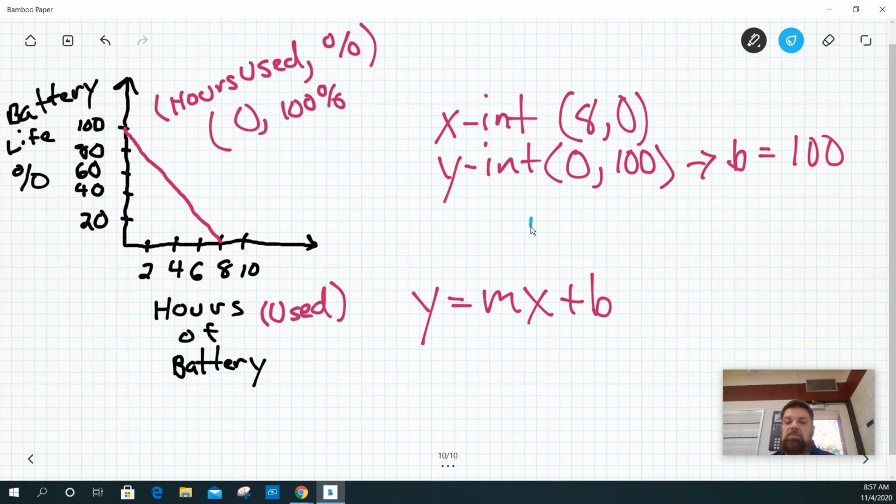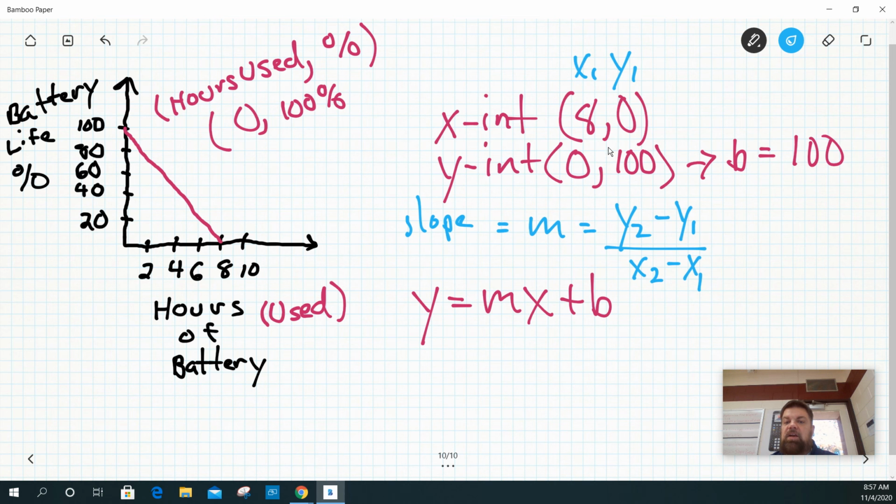The slope, m, right? The slope is m. We can find that by plugging in the second y, subtracting the first y from it, all over the second x, and subtracting the first x from it. So I'm going to label this as x sub 1, y sub 1, and I'm going to label this one as x sub 2, y sub 2.